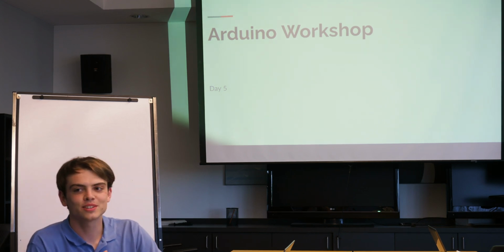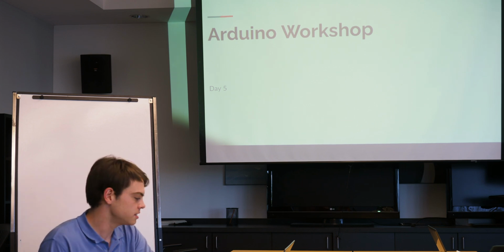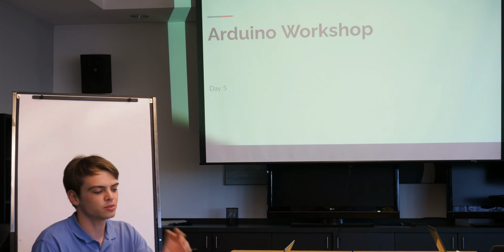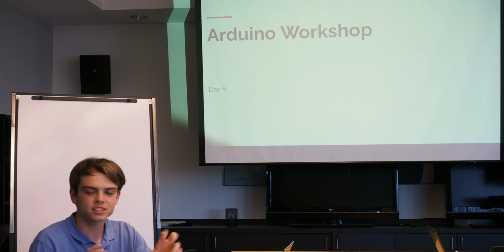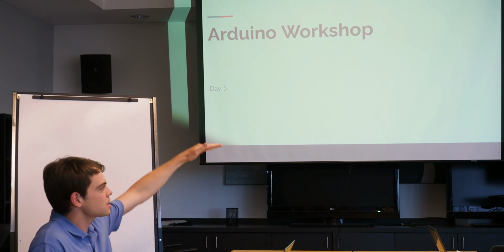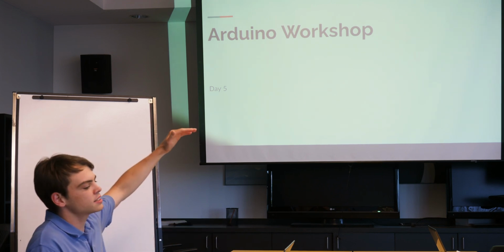Real briefly, for those of you who weren't here last time, we were talking about a problem with Arduino: so far every code that we've written has been a list of instructions that the Arduino has to follow. Do step 1, step 2, step 3, you get down to the bottom of the loop, you jump back to the top.